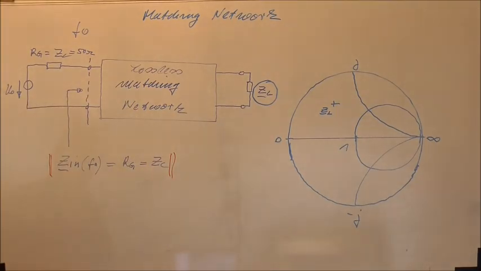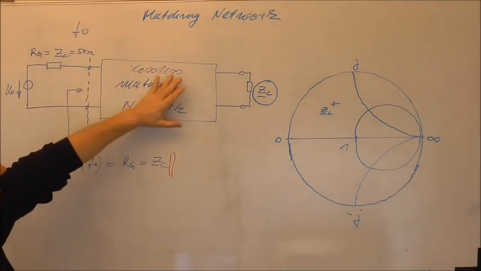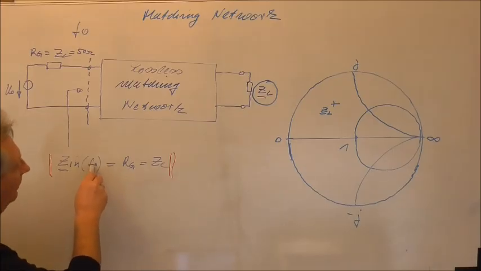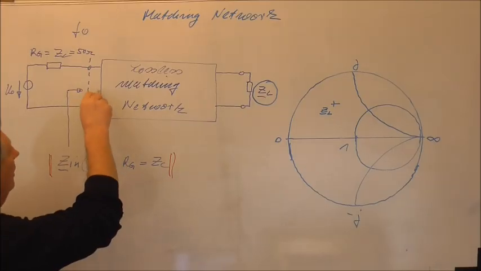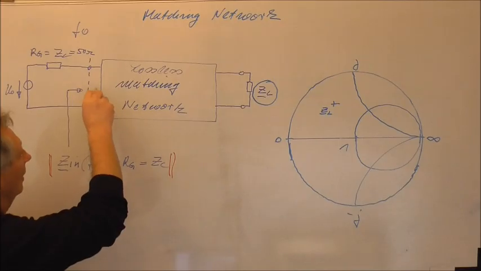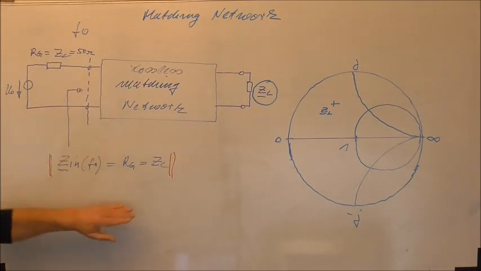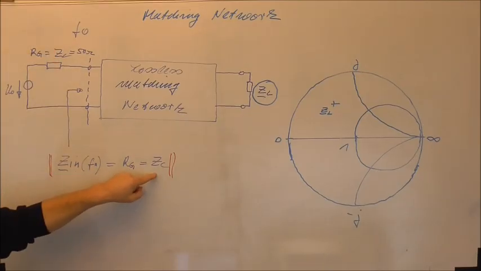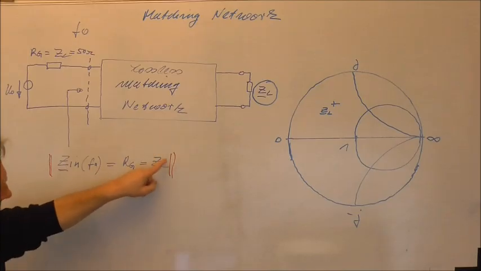And then you see, what must the lossless matching network do? At a certain frequency, F0, I want to see into this matching network the generator impedance, or the ZC, in most cases 50 ohm, the characteristic impedance.